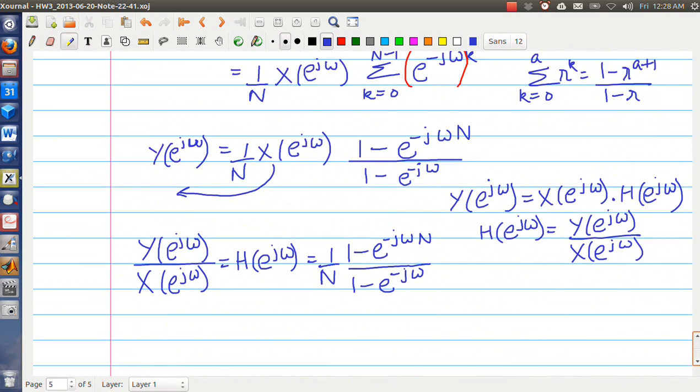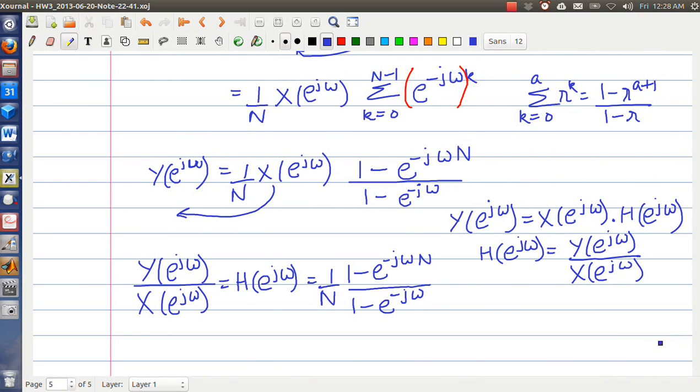Problem 4e, if you remember, was y of n equals x of n plus 1 plus x of n minus 1.